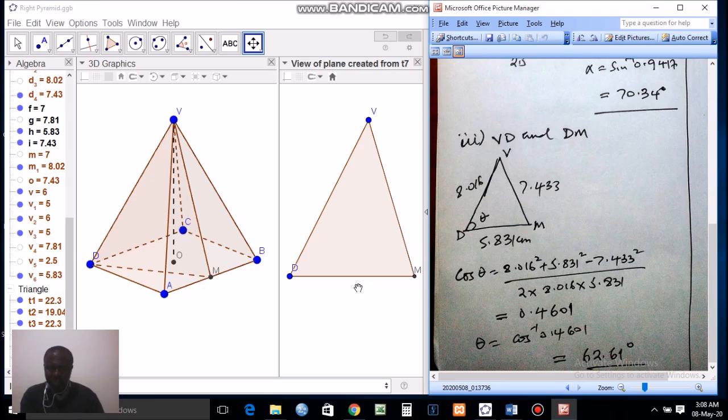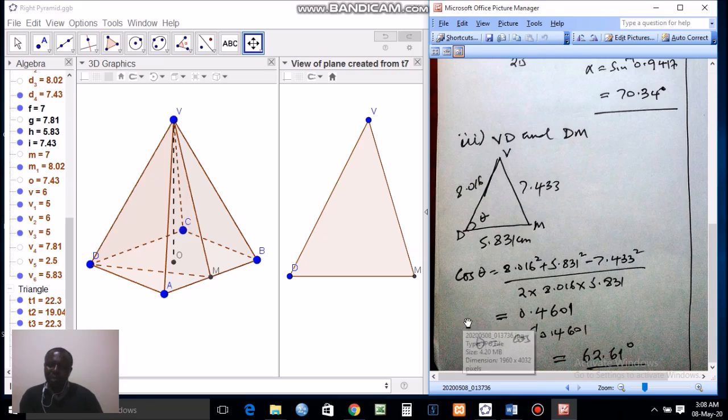So here is a triangle whose dimensions we can fix, because DM we have calculated as 5.831. We know DV as 8.016, and also we know VM as 7.433. This is not a right angle triangle, and it's not isosceles, it's a scalene. And to find angle theta, we apply the Cosine Rule. And here we have it.